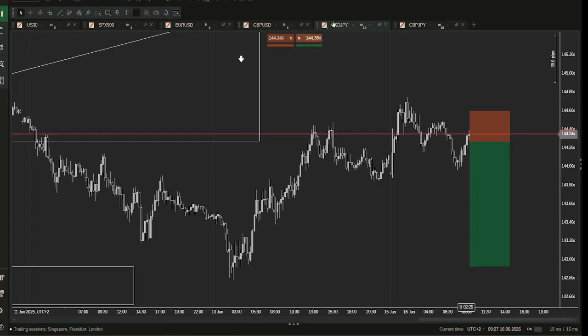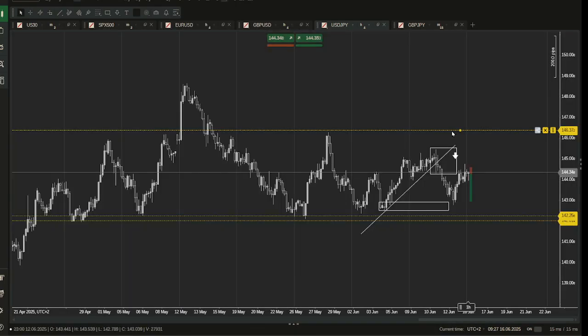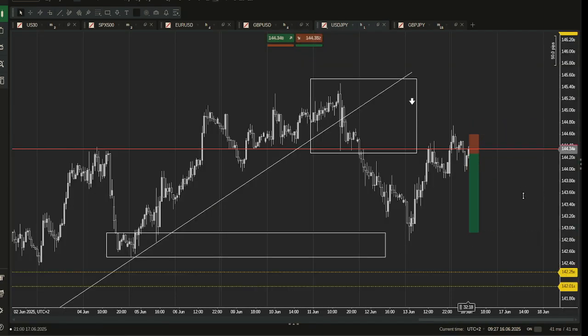Maybe something like that, and let's check how it looks on H4. Yeah, okay. If we're going to retrace from there. But currently, no.